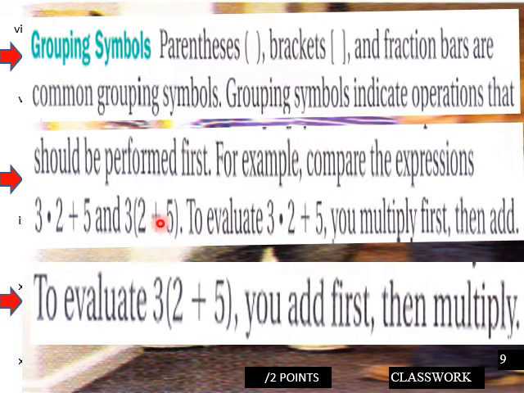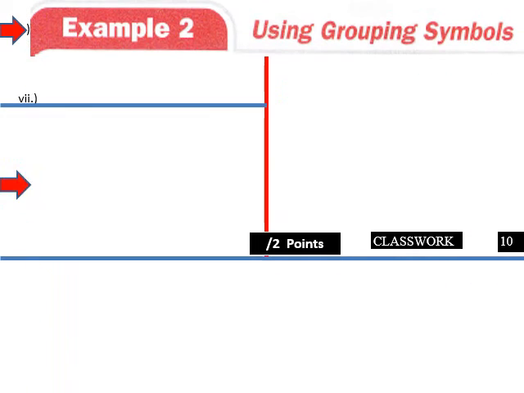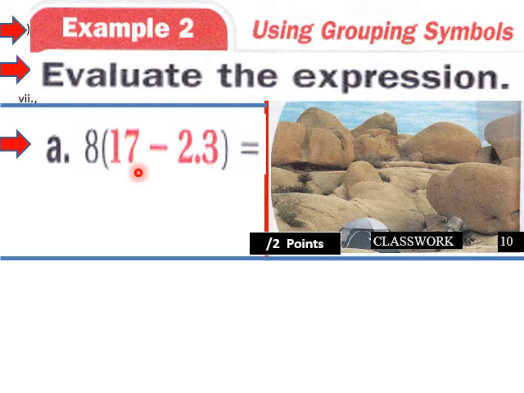So for that, they used a grouping symbol here, 2 plus 5, which is a good way to do it. It separates these operations here. And then to evaluate 3 times the quantity 2 plus 5, you add first. So in this case, that was following the PEMDAS rule, because parentheses and then addition would follow first.